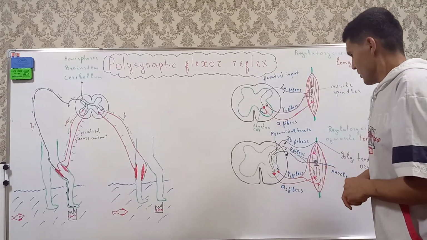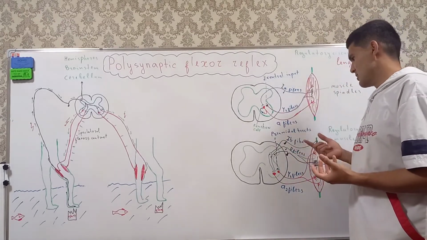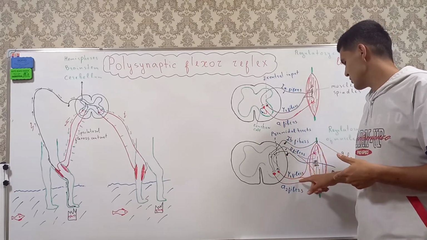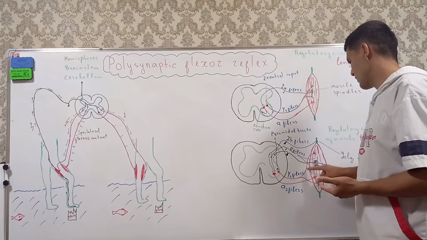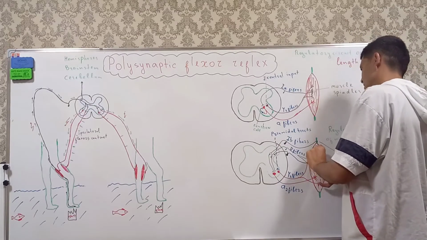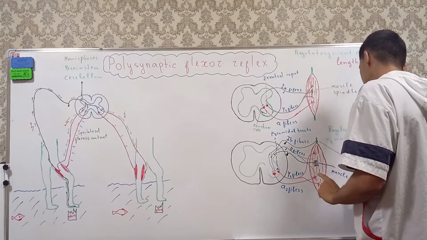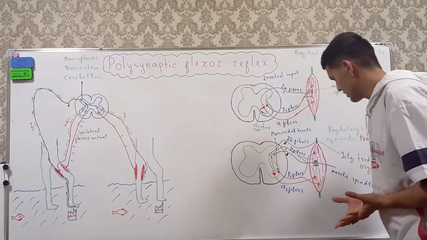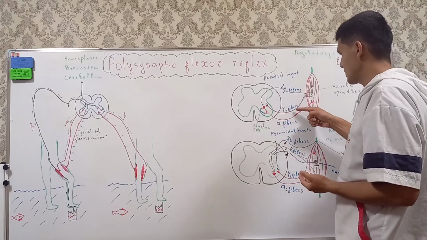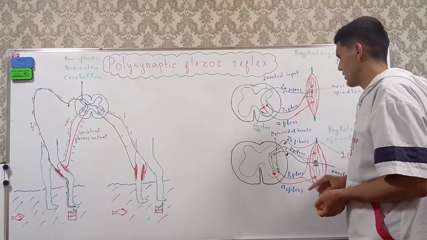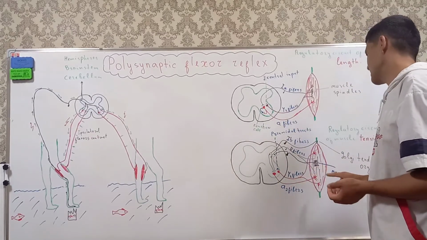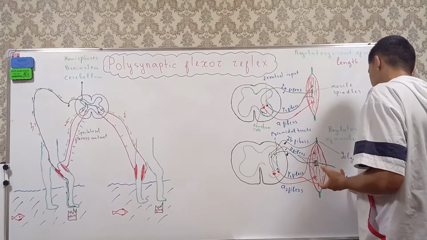Okay? When the pyramidal cells activate the gamma 2 fibers, gamma 2 fibers activate some kind of filaments there, and when these filaments contract, the muscle spindles become activated. You can ask me some kind of question. What's the difference between the gamma 1 fibers and gamma 2 fibers? The gamma 2 fibers cause overactivity of the muscle spindles.